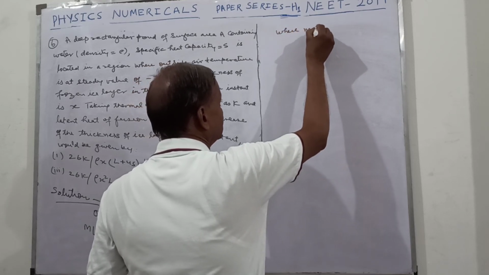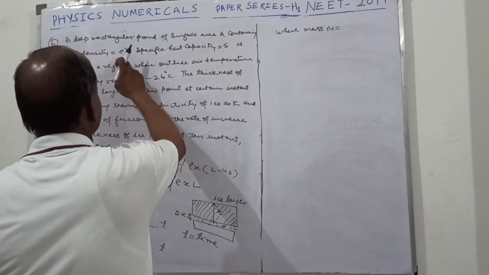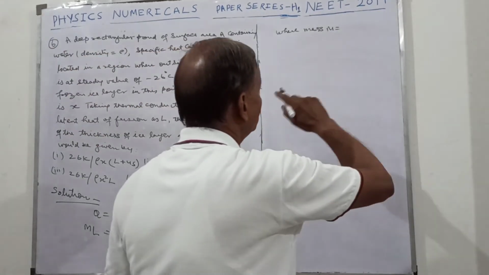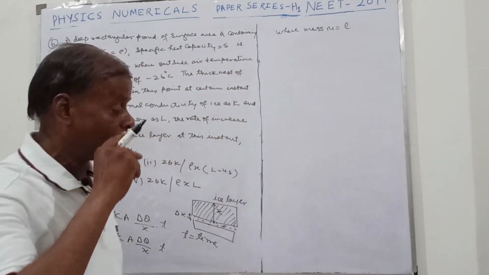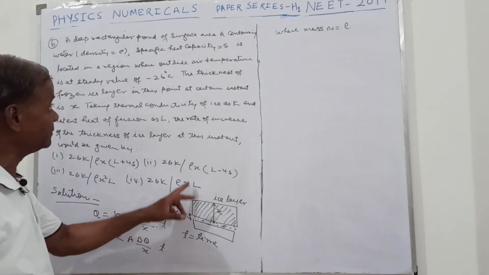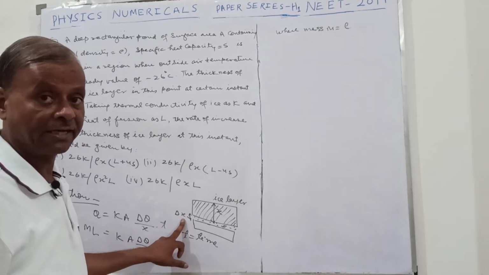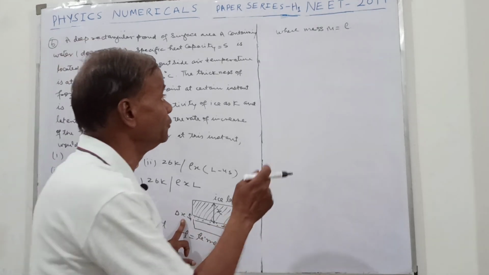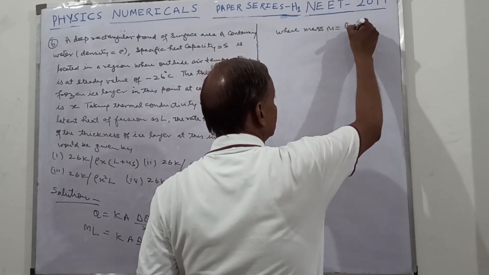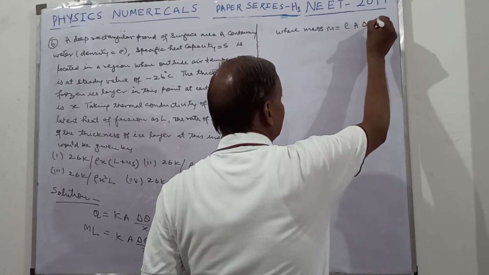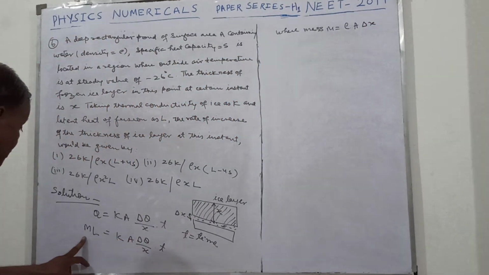Mass m equal to the density, which is given to be rho, into the volume. How to find the volume? You are given the area A and the thickness delta x. So area A into thickness delta x, that we have considered, will be the volume. This is the mass. So we will put down the value of this here.